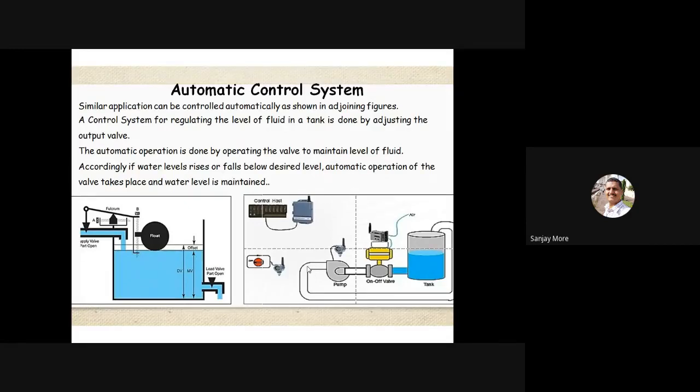Accordingly, if the water level rises or falls below the desired level, automatic operation of the valve takes place and the water level is maintained. Full stop.